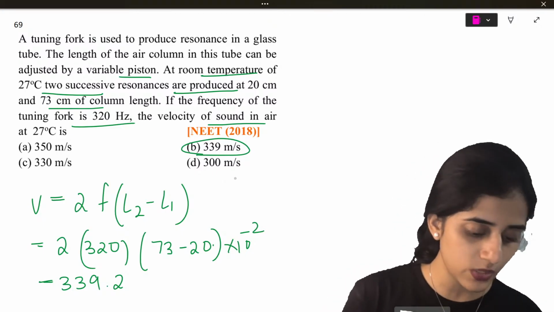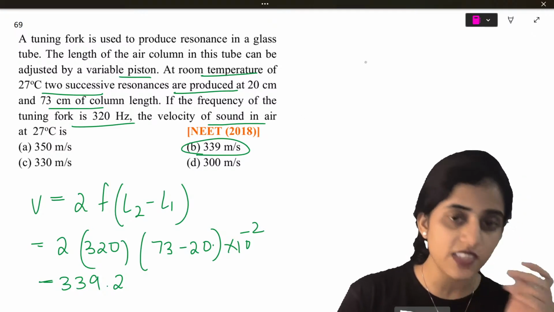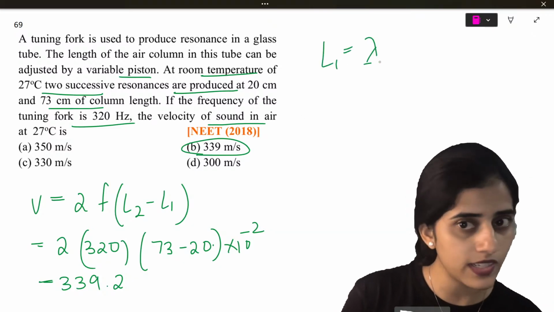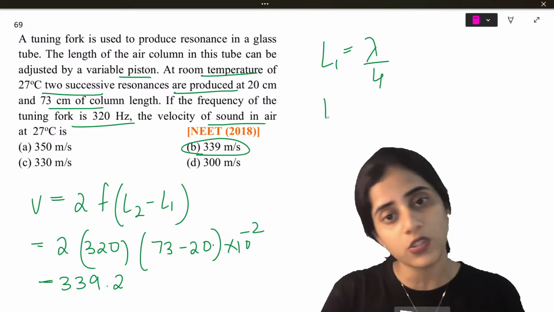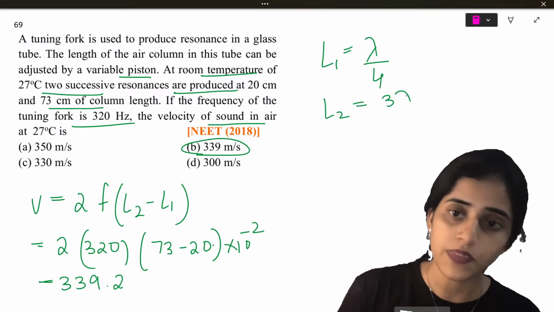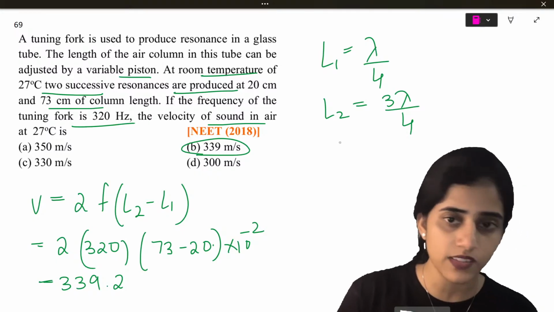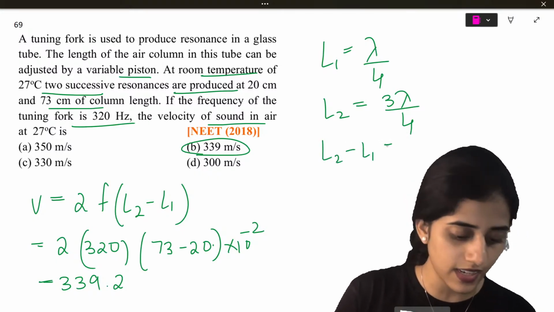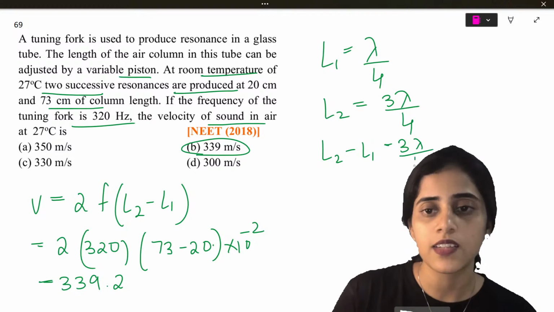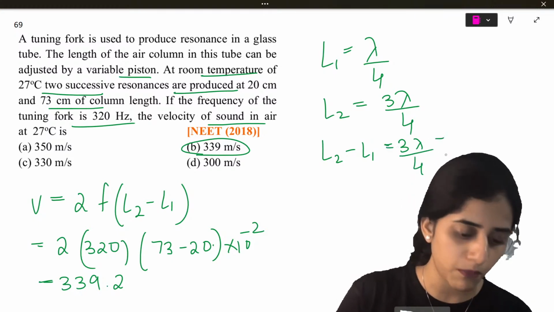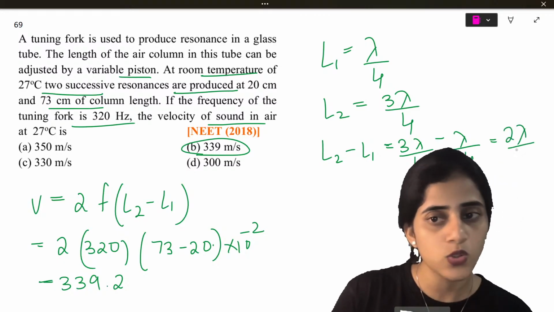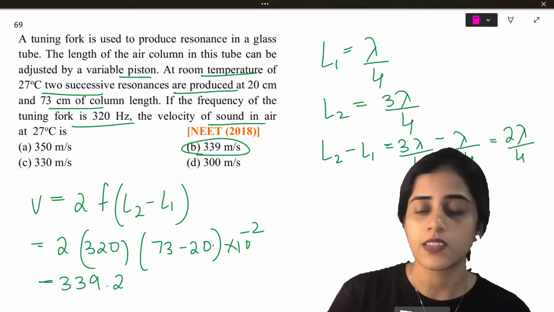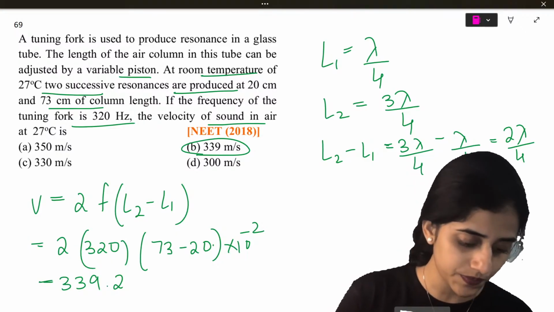Now how did this formula come? I can show you that as well. For the first resonance, L1 is lambda by 4. For the second resonance, or the first overtone, L2 is 3 lambda by 4. You've learned this. So L2 minus L1 is 3 lambda by 4 minus lambda by 4, which is 2 lambda by 4. This is basically lambda by 2.